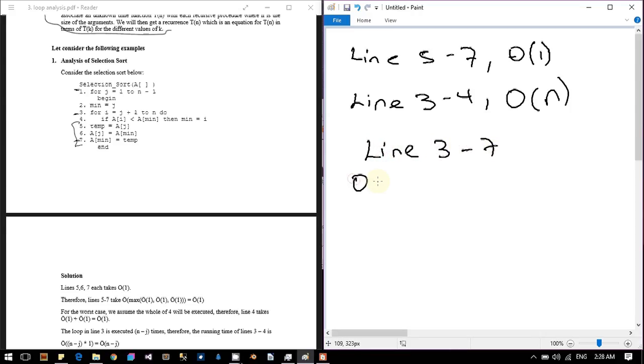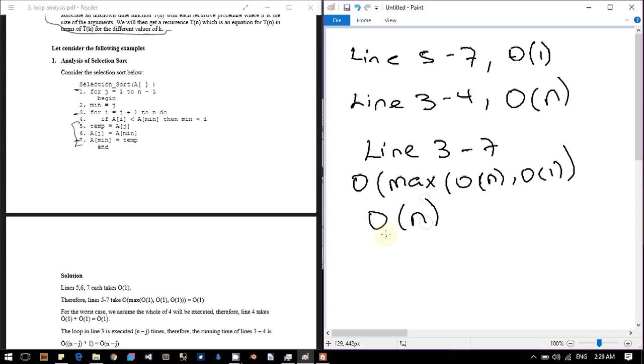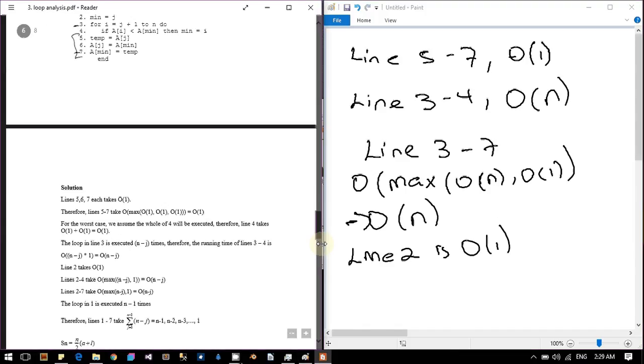It's going to be order max, order n and order 1. Which one is bigger? Order n. So line 3 to 7 is of order n. Line 2 is definitely of order 1.